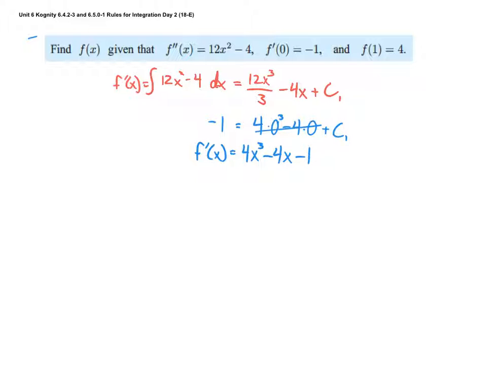So now what? Now you have to find the antiderivative of that. Okay, so let's integrate the first derivative. F of x is going to be the integral of 4x cubed minus 4x minus 1 dx.